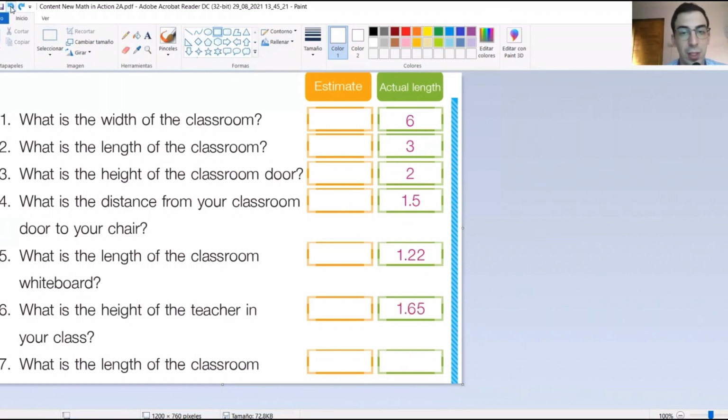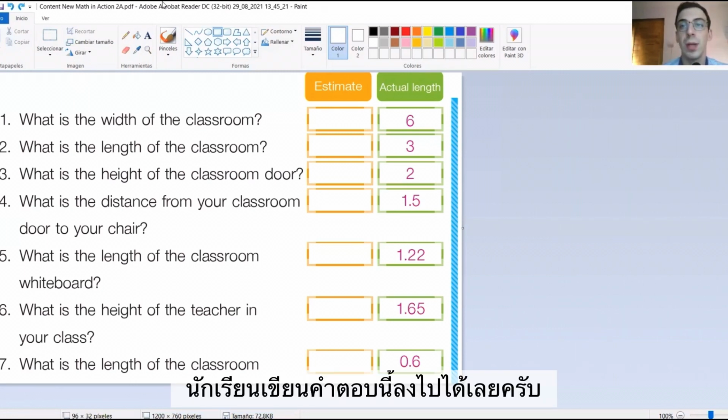What is the height of the teacher? Actually, this is not right because this is not my height. So this is just examples. This is not real, okay? If sometime we go back to the school, I'll let you know what their actual length really is.